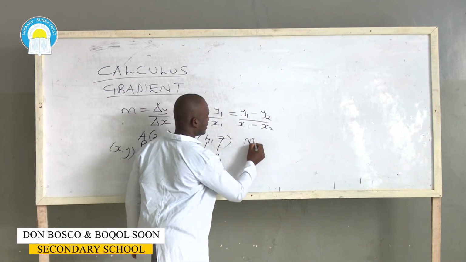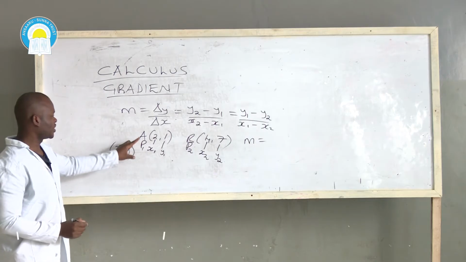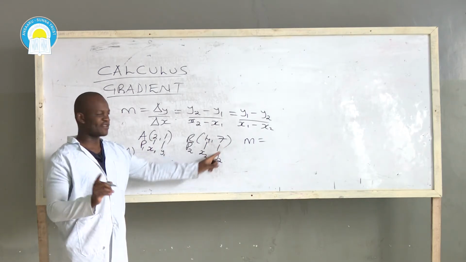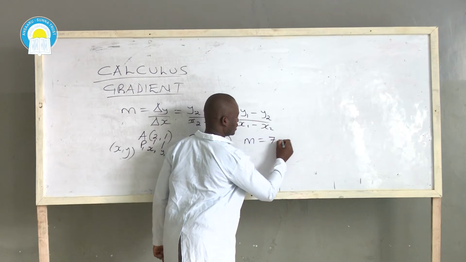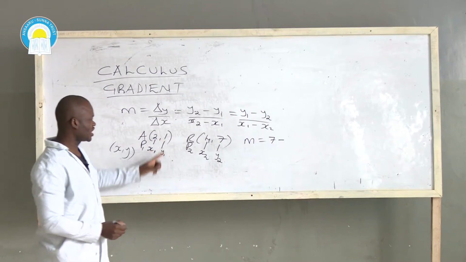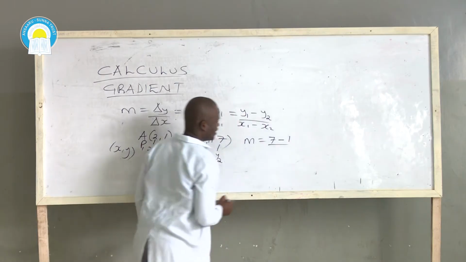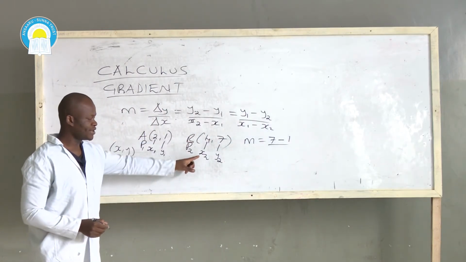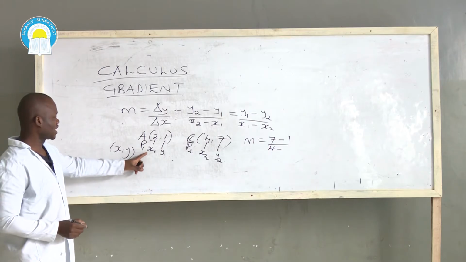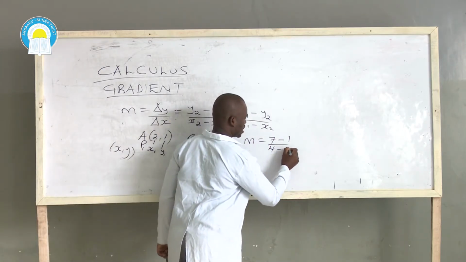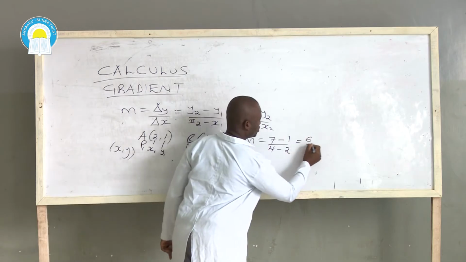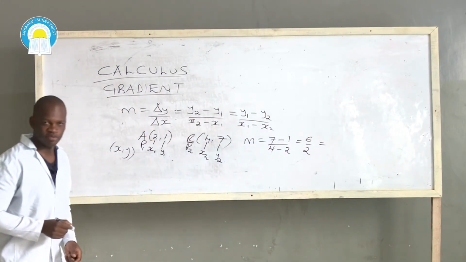Therefore, the gradient of this line joining point A and B will be y2, which in our case is 7, minus y1, which is 1, over x2, given by 4, minus our x1 value, given by 2. Then you work out the numerator to give you 6, and the denominator to give you 2. The eventual value we get will be 3.